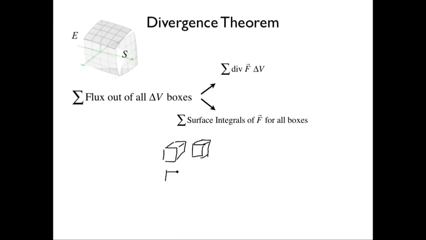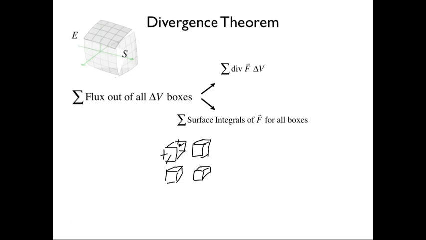Here's the box below it. Spread them out a little bit. So these are all packed into E. And we're going to do the surface integral of F for all those boxes. And assume outward orientation for all those boxes.